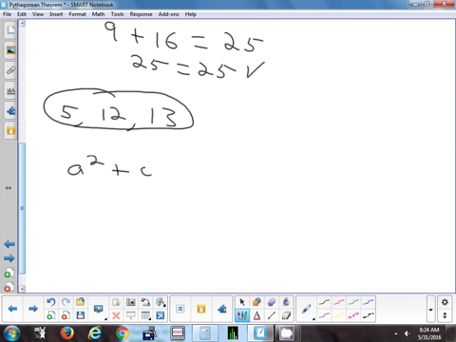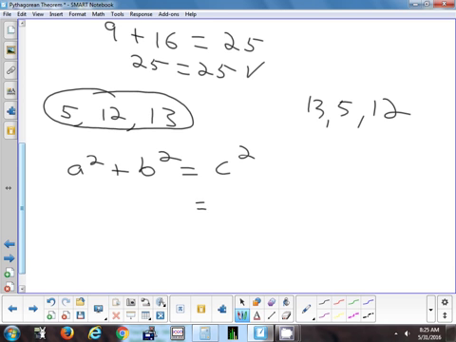So let's fill them into this formula and see if it works. Okay? What number would you have to fill in for C? Let's say these were written in a different order. Doesn't matter the order I write them in. You have to plug in a certain number for C. Why do you have to plug in 13 for C? It's the biggest.